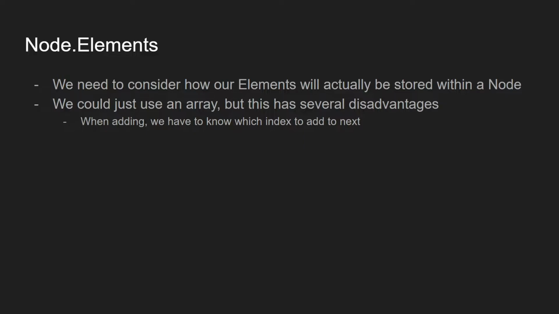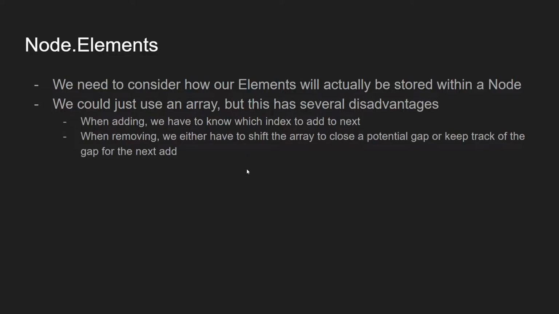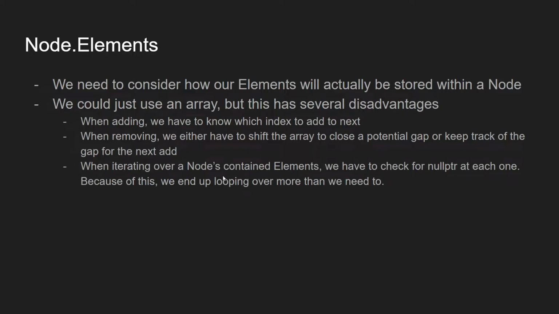When adding stuff to the array, we have to know which index to add to next, because you can remove stuff from anywhere in the array, and so you might have open slots that you then have to keep track of. And when removing, you might have to shift the array if you don't want to keep track of those open slots. When iterating over a node's contained elements, we also have to check that each one actually exists, because we may have removed it.